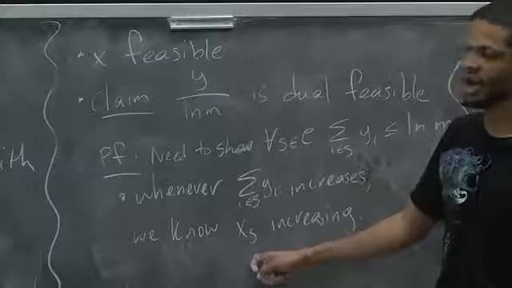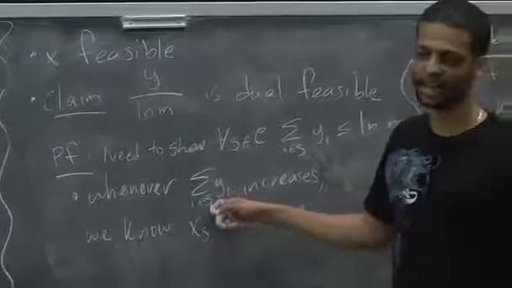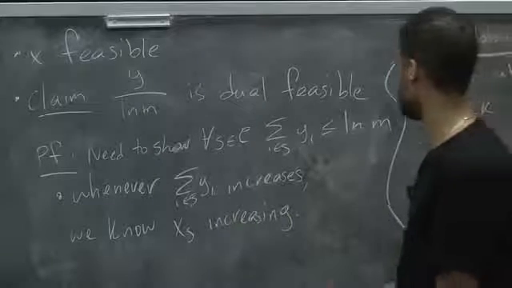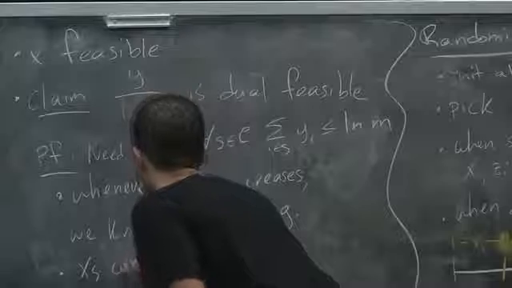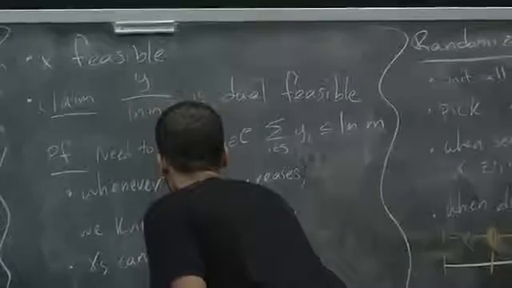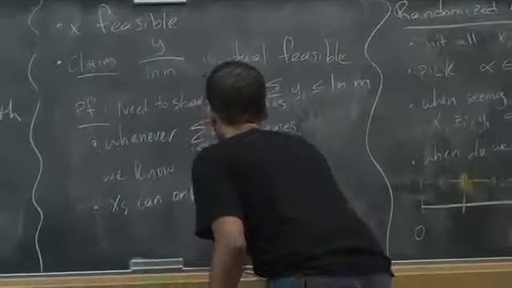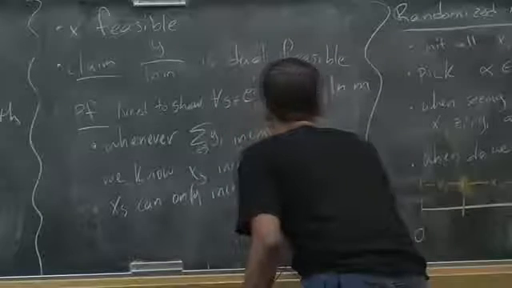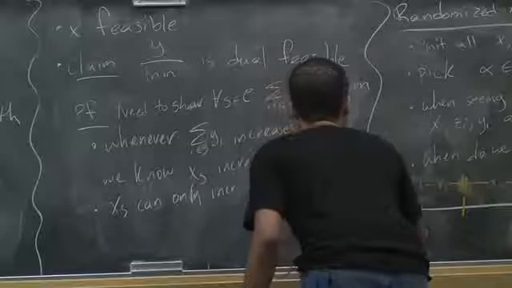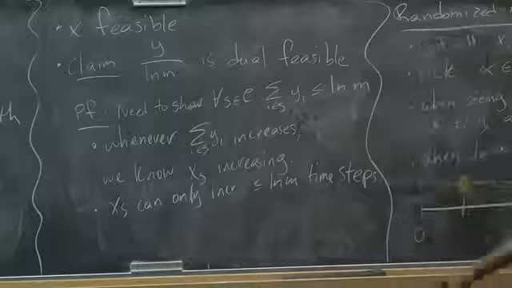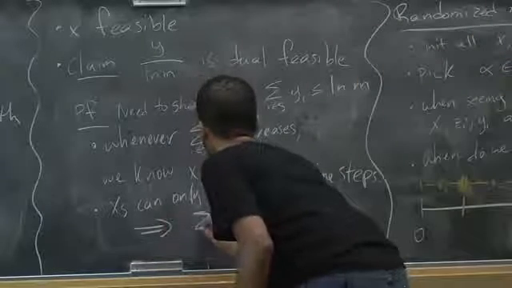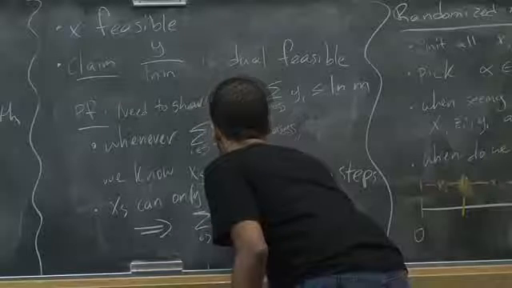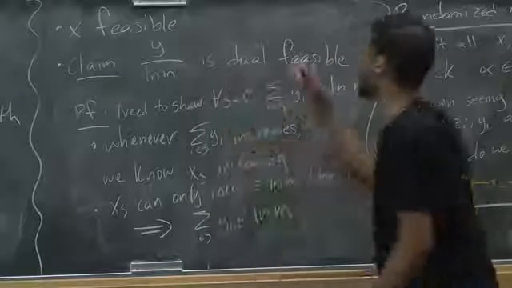So after ln m time steps, this is exactly ln m. And xs can only increase for at most ln m time steps. So that implies that the sum over i in S of yi is at most ln m. So if you divide by ln m, it's feasible.